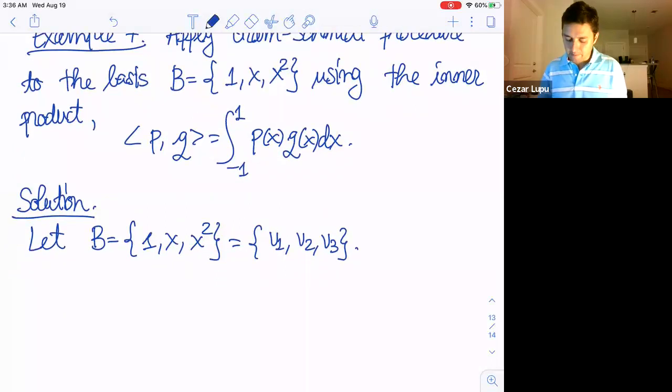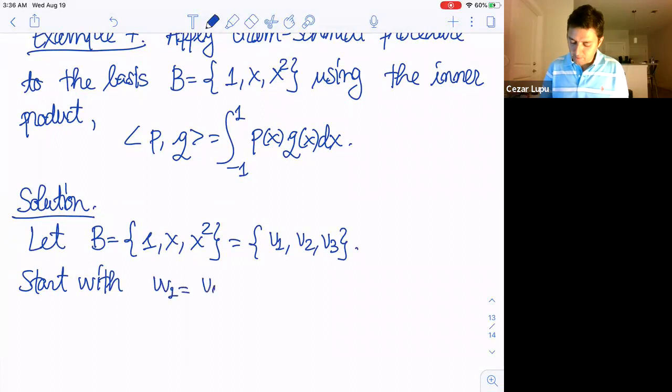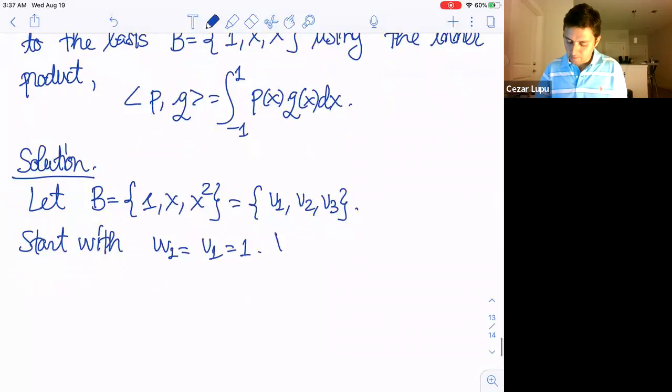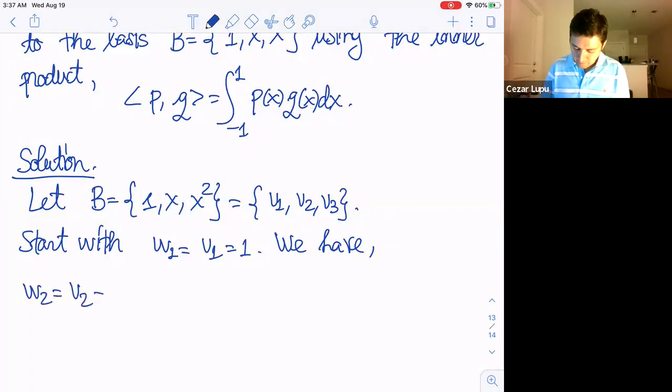Now again, we start with W1 to be the same as V1, which in our case is 1. And now we apply the Gram-Schmidt procedure, and we can write W2 as V2 minus V2, W1 over the inner product between W1 and W1.